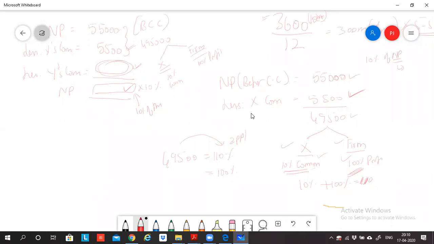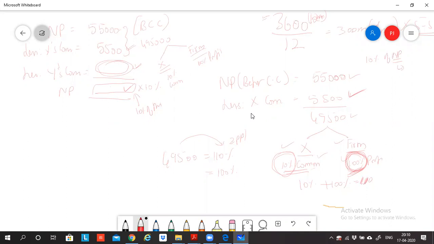This will always be 100%. The firm's profit will always be 100%. This will be changing depending on the percentage given in the question. If in the question it is given 5%, this will be 5% plus 100%, 105%. If it is given 10%, it will be 10% plus 100%, which is 110%.